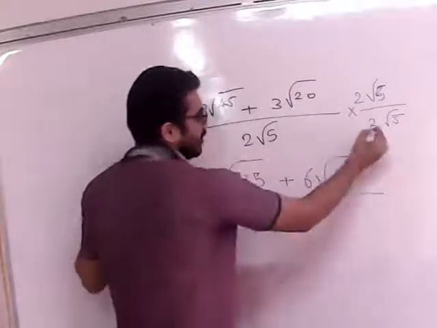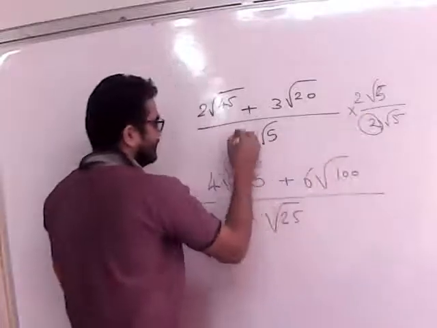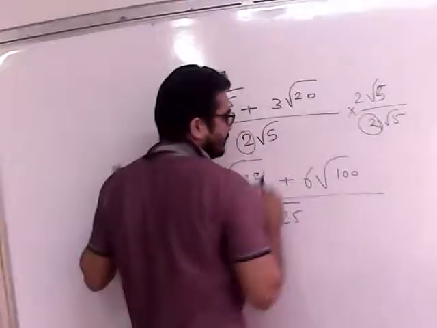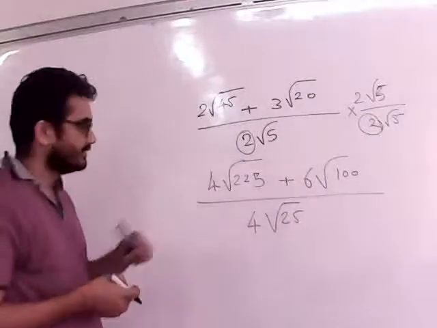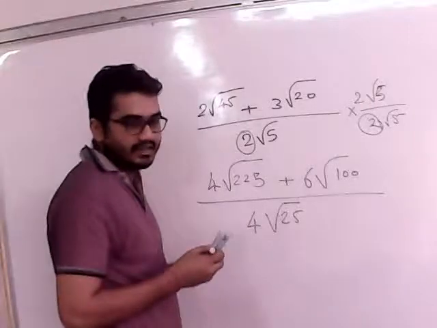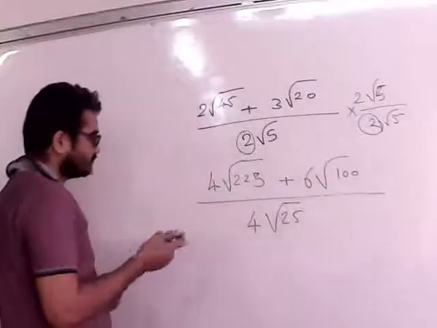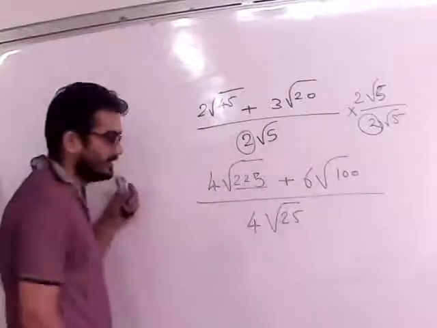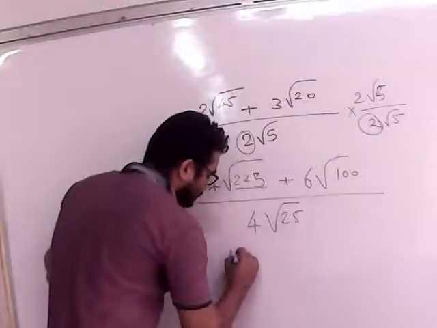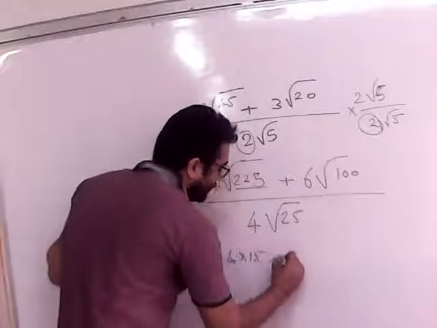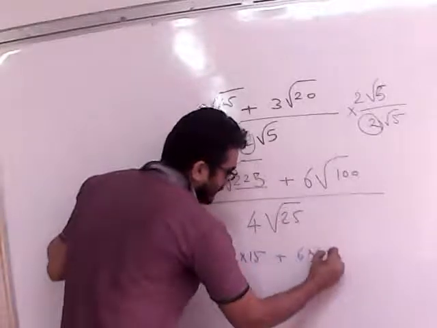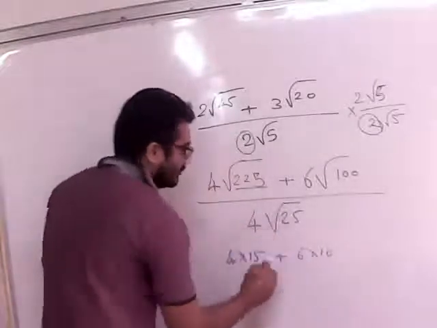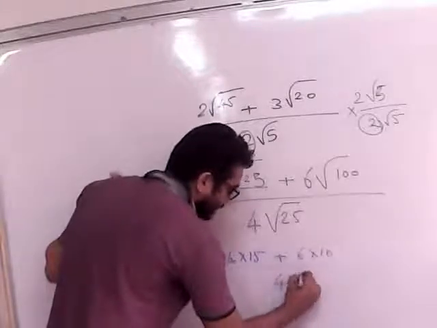Now see, whatever number is outside will be multiplied with the outside number, and root will be multiplied with the root. That is what we have got. Now let us manipulate this. After the manipulation, what we will get? 225 can be written as 15 square. So we will be getting 4 into 15 plus 6 into 10 upon 4 into 5.